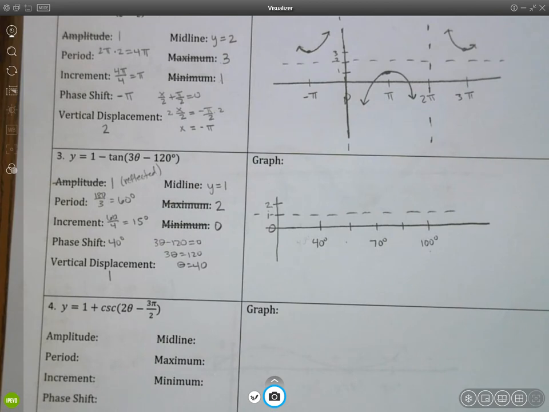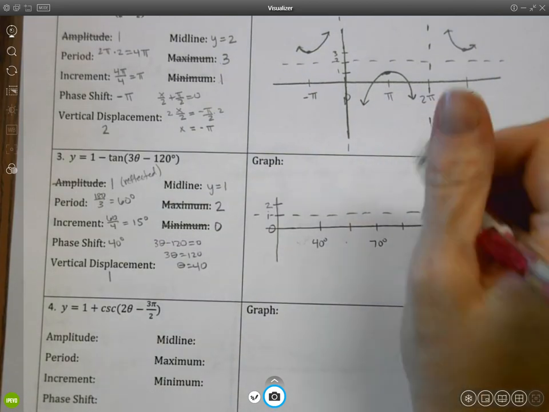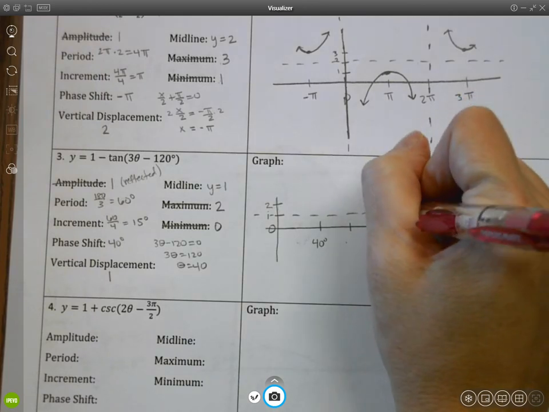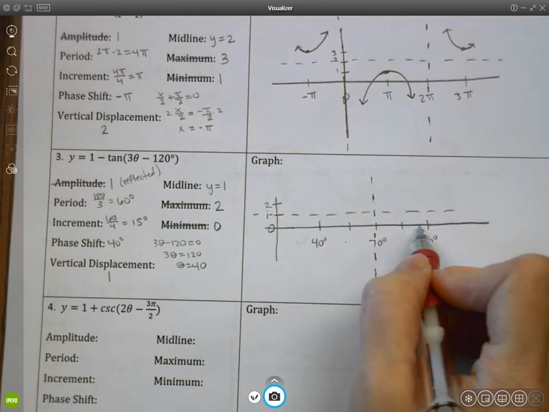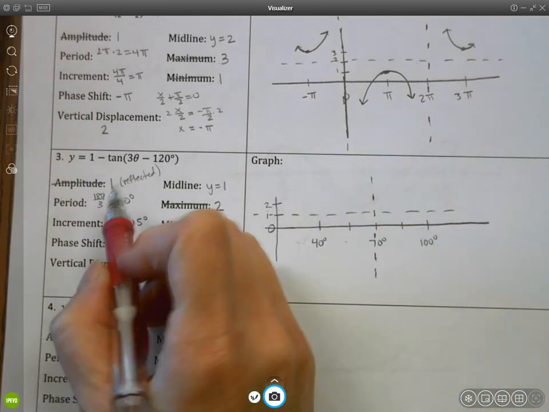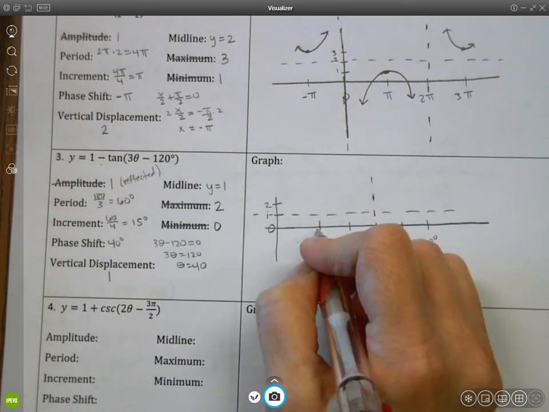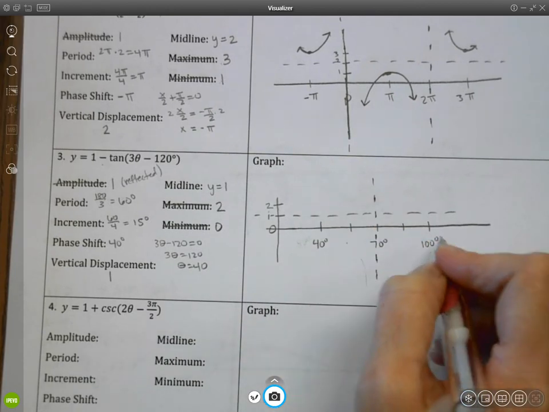All right, so we're doing tangent, and tangent has an asymptote right smack in the middle. And we get a piece that goes this way and a piece that goes this way, except that we are reflected, so we're actually going to go down and up.